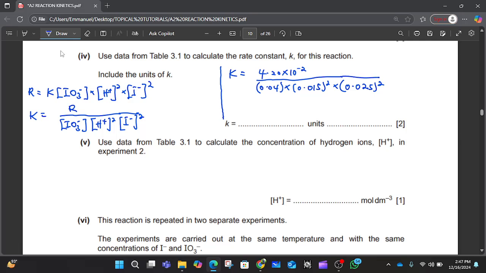And so when you solve, you get k to be 7.47 times 10 to the 6.